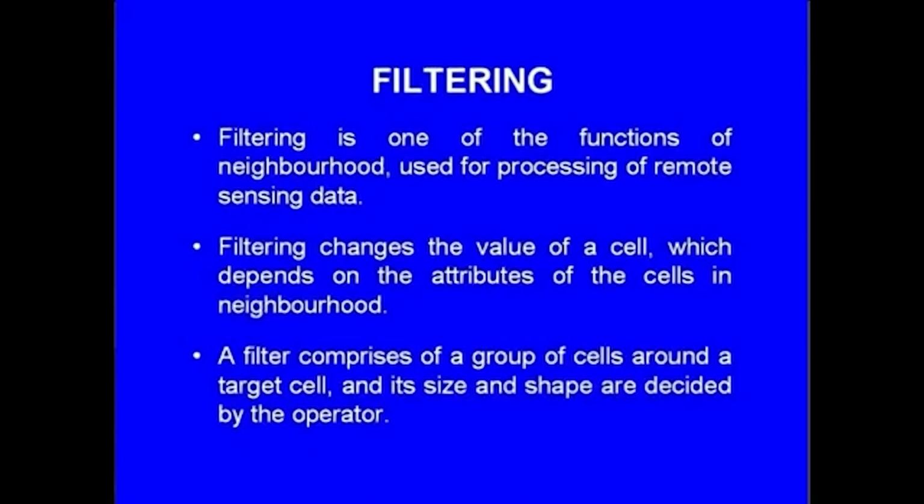The next method of spatial analysis is filtering. Filtering is one of the neighborhood functions used for processing remote sensing data. Filtering changes the value of a cell, which depends on the attributes of the cells in the neighborhood. A filter comprises a group of cells around a target cell, and its size and shape are decided by the operator.